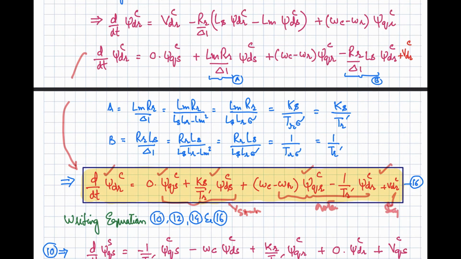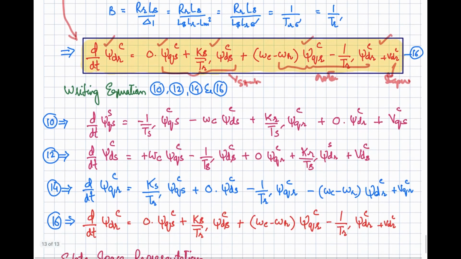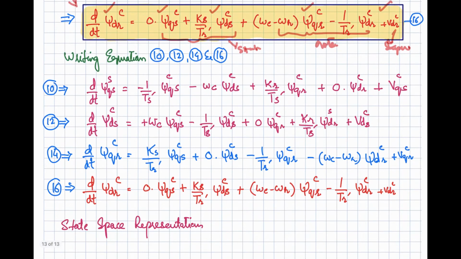So now if I write down these equations all together, which we have defined above in 10, 12, 14 and 16, this is the equation. You can say phi qs derivative, this is phi ds derivative, this is phi qr derivative, and this is phi dr derivative, and our state variable is this flux linkage.